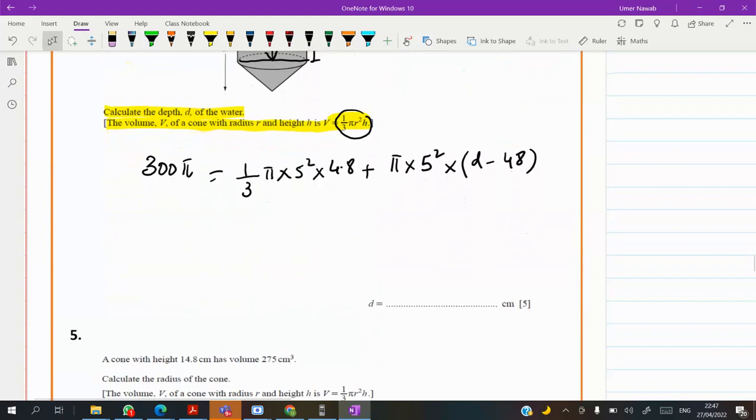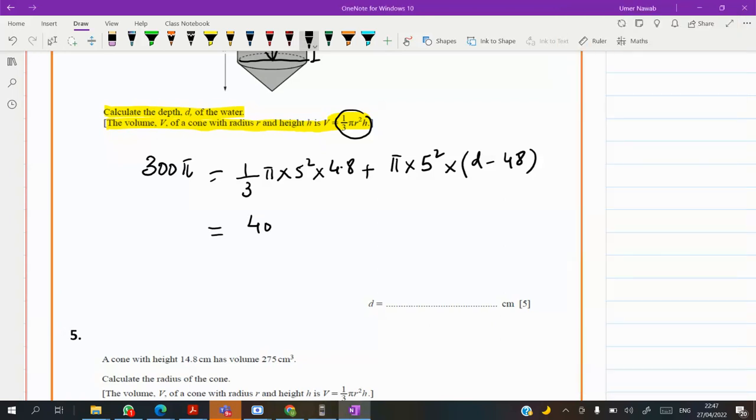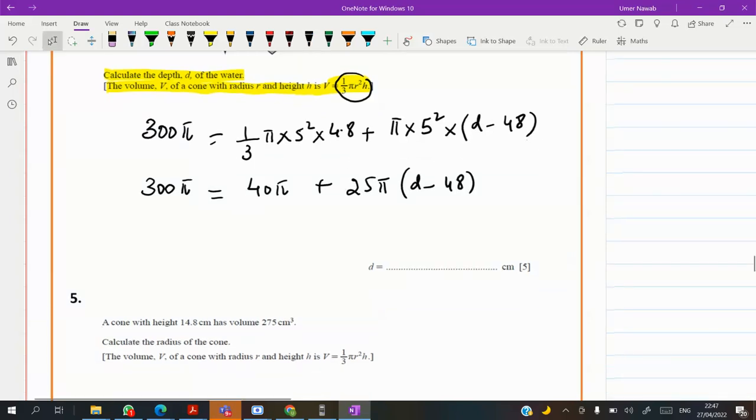Now, can we simplify it? We can simplify the right-hand side, which is 1 over 3 times pi times 5 squared times 4.8. My friend, I got my answer 40 pi. So this is 40 pi, this is 300 pi, and this is 25 pi times D minus 4.8.